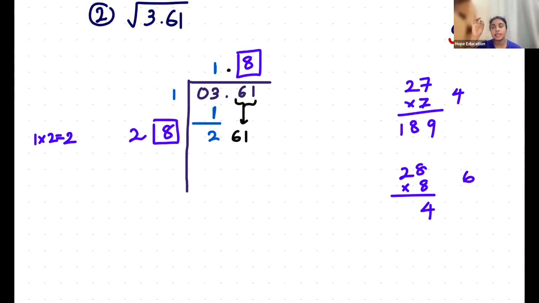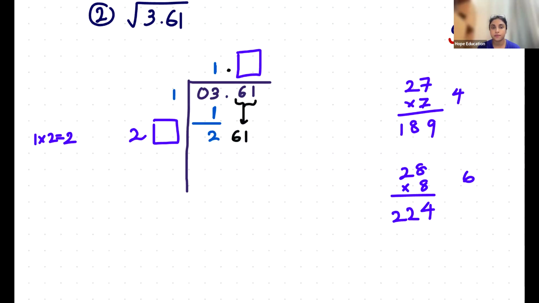So 6 remaining. 8 times 2 is 16 plus 6, 22. Okay, that is very close to 261, no? Very close. But just in case, I will try 9 as well.